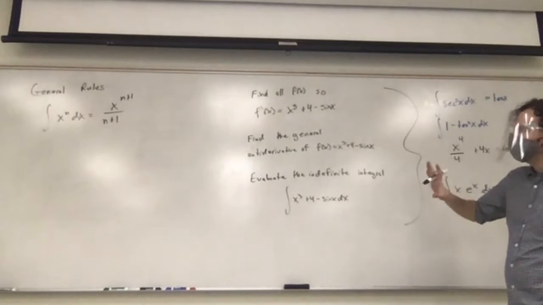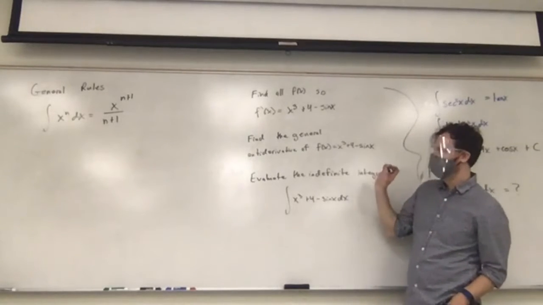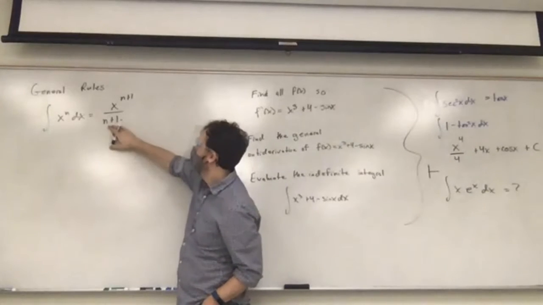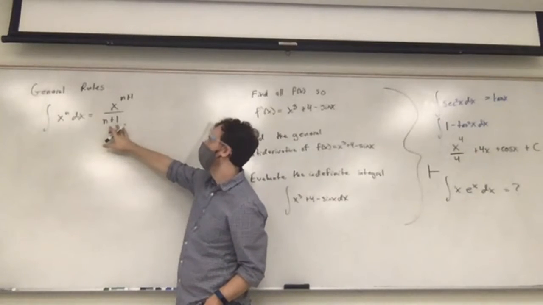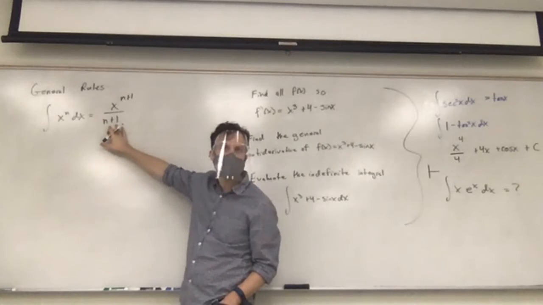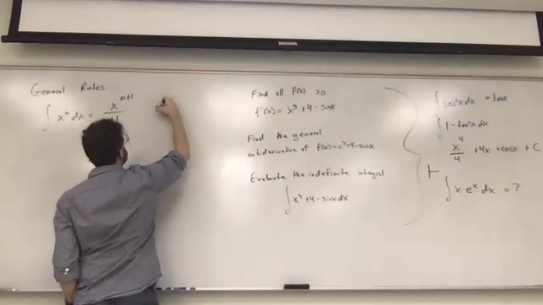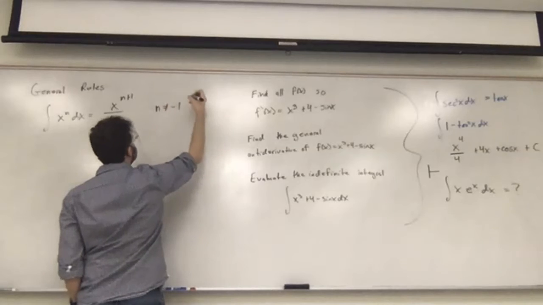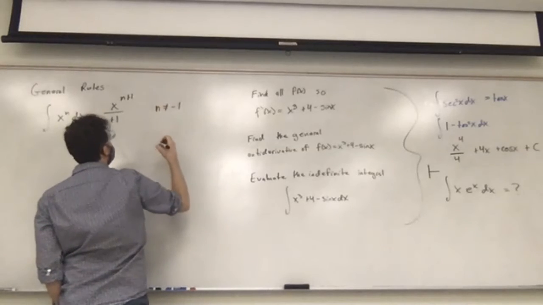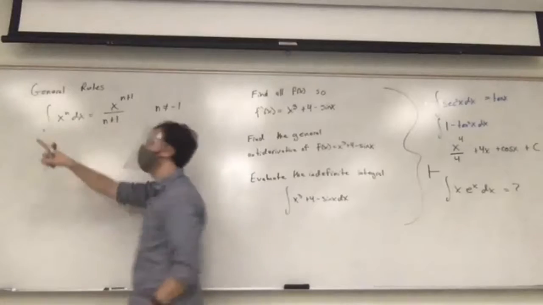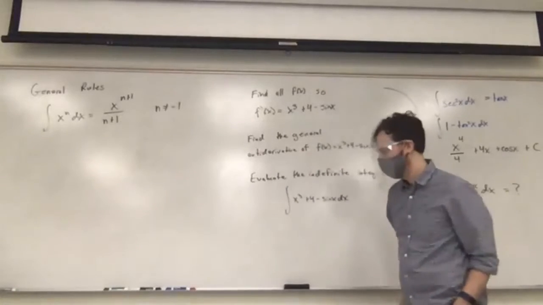But with this, there is a case where this doesn't work. In particular, if n is -1, then this says we try to divide by 0, and that doesn't fly. So this works as long as your exponent isn't -1, which is the case 1 over x.